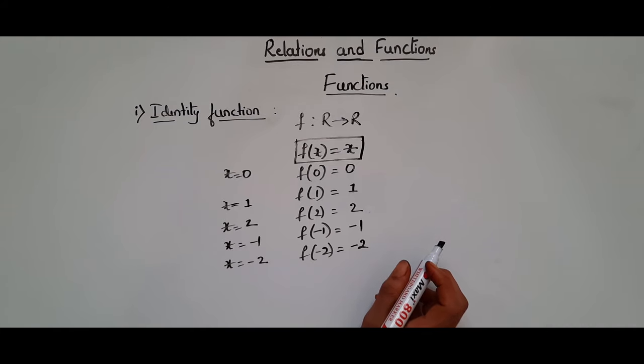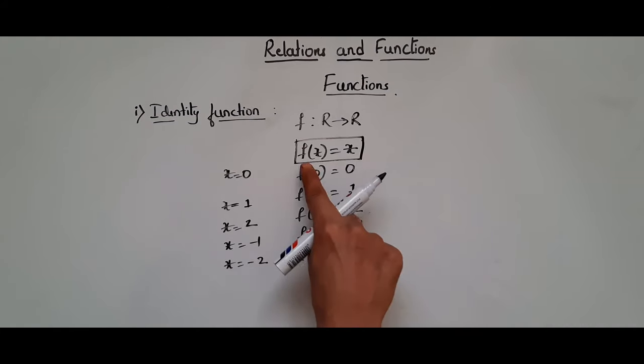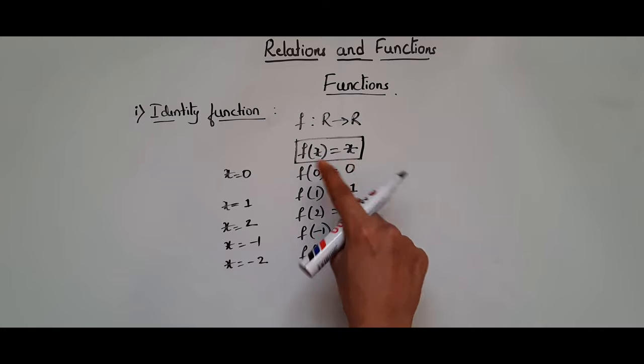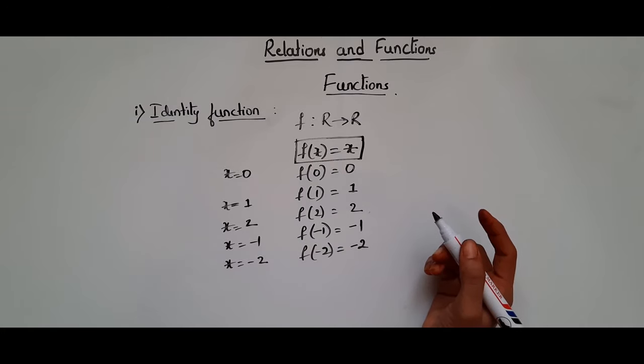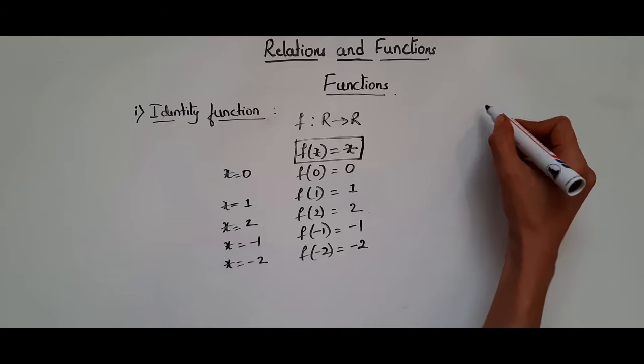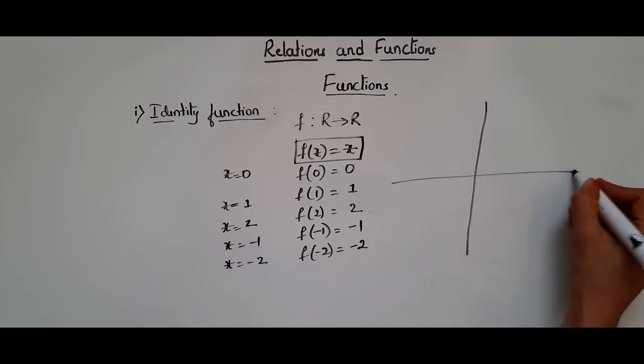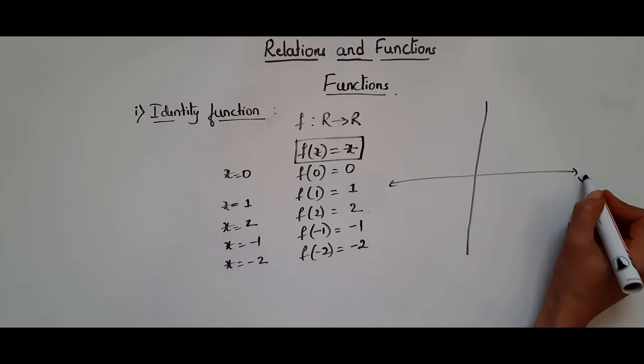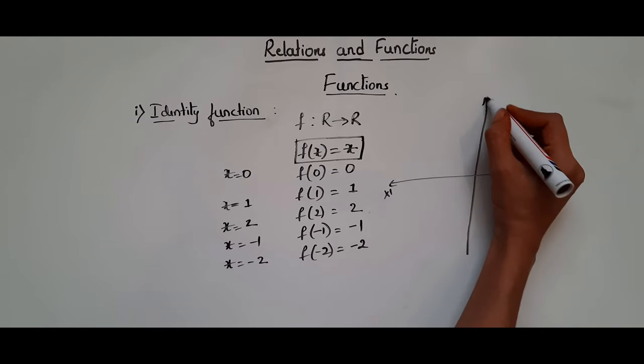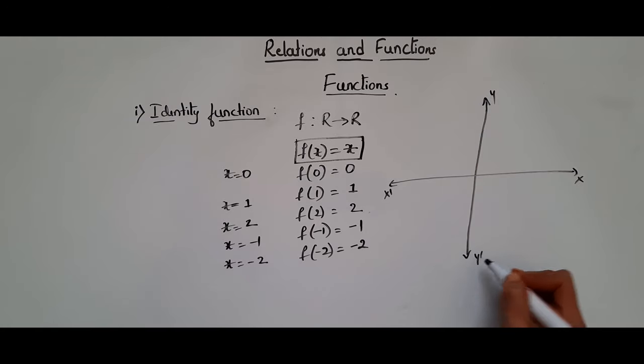So this function can be represented in two forms, that is by rule, that is f of x is equal to x, and by graph. So let's see how to represent that by graph. So we have x, x dash, y and y dash.